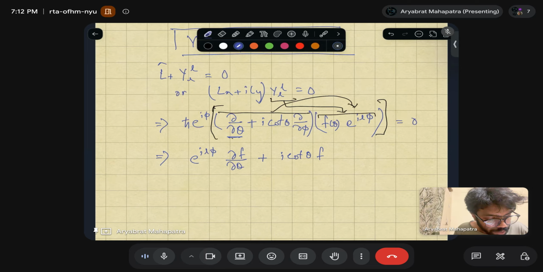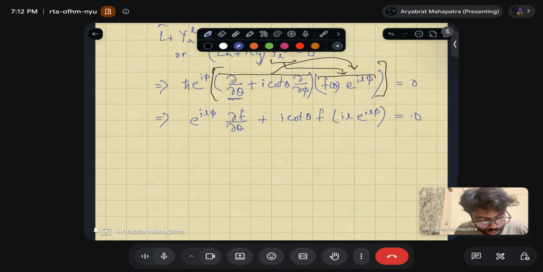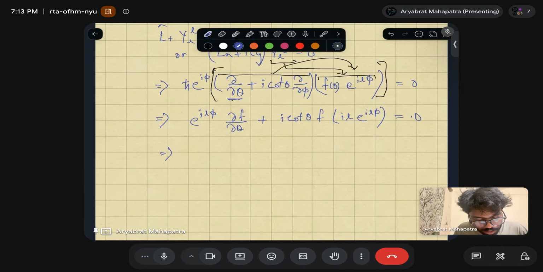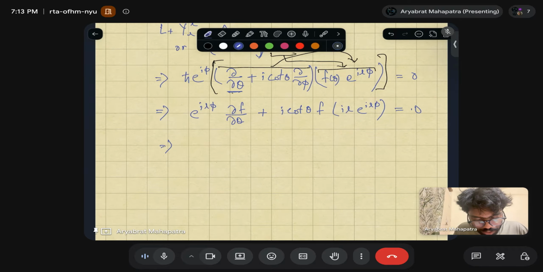But here we have the partial derivative with respect to phi, so it acts only on phi and gives exponential I L phi with an I L factor, and the whole thing is 0 on the right hand side. So again you can write something like this.